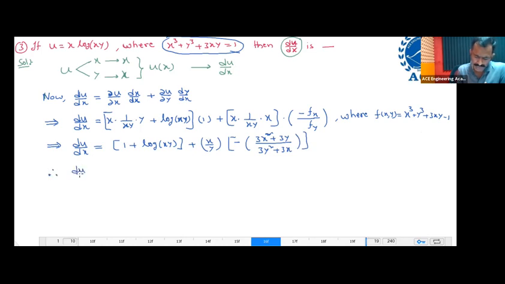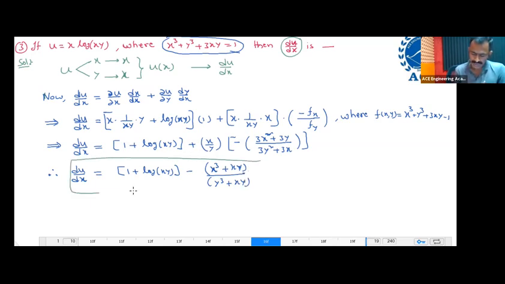Therefore, du by dx equal to 1 plus log of xy minus, 3 gets cancelled, x into x square, that is x cube plus xy, divided by y cube plus xy.